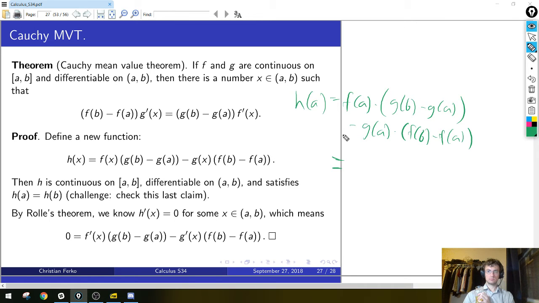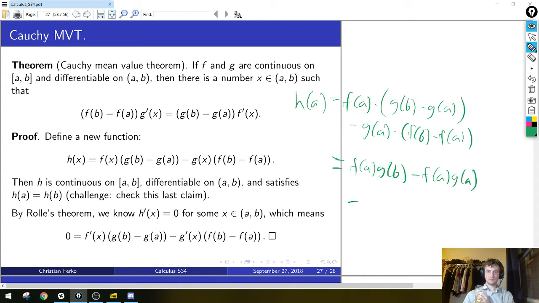Okay, so we're going to have f of a times g of b minus f of a times g of a, minus, well, distribute this too. No parentheses, right?